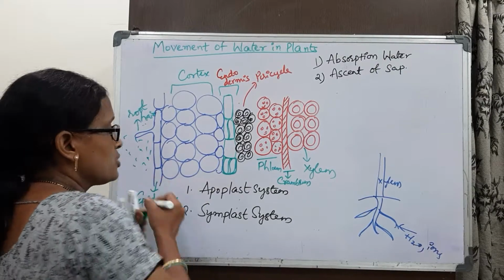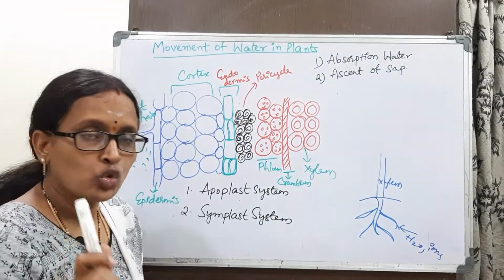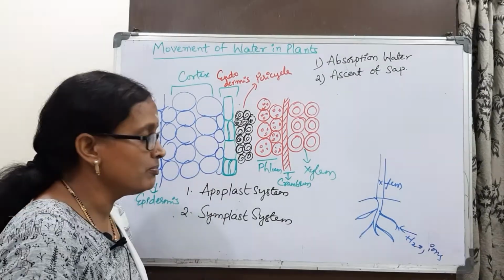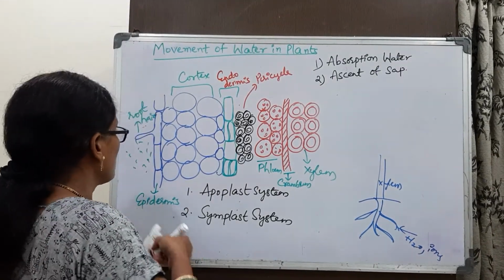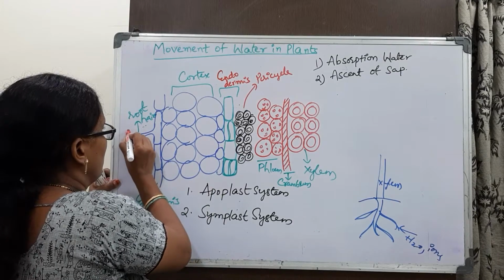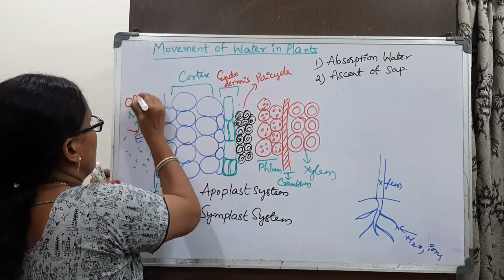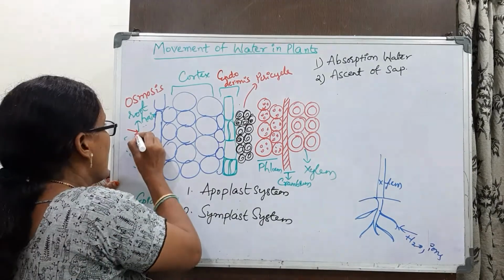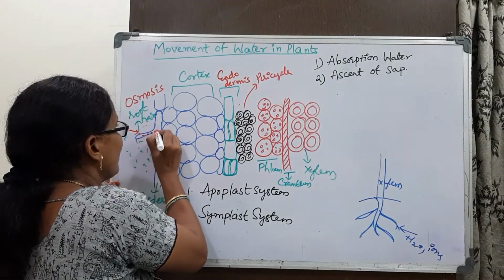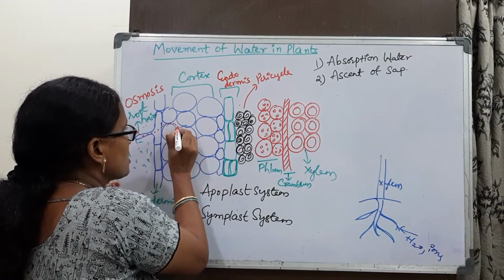So water is transported by means of two pathways, apoplast and symplast. Water enters into the roots by the process of osmosis, and this water travels through the adjacent cell walls.